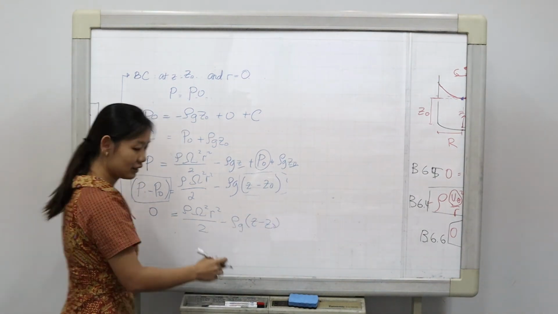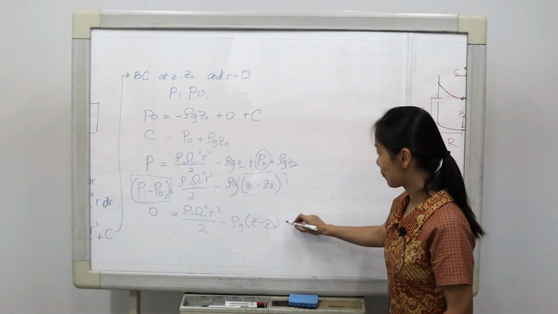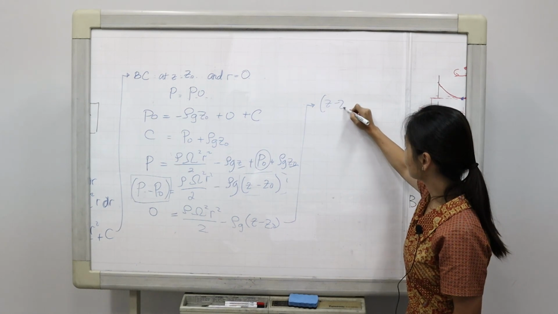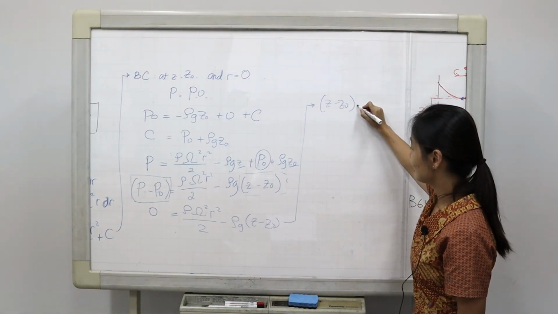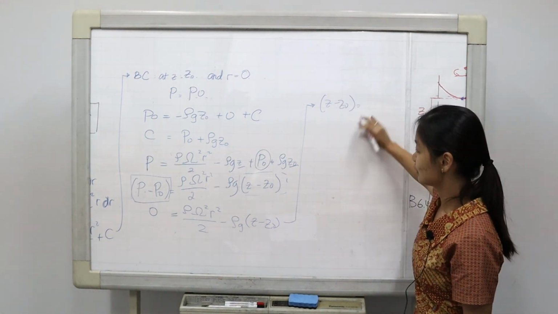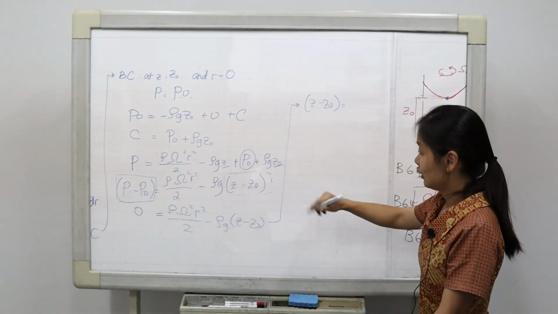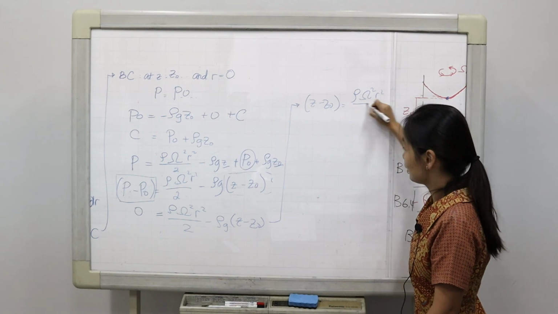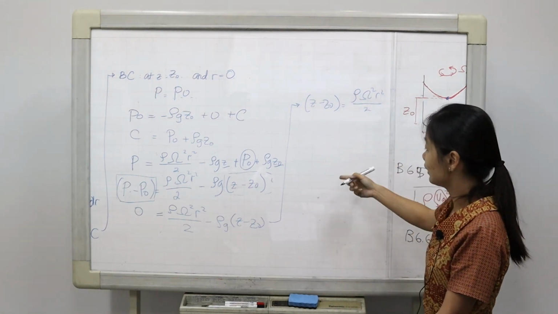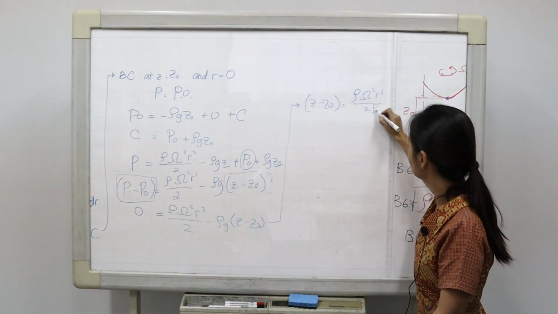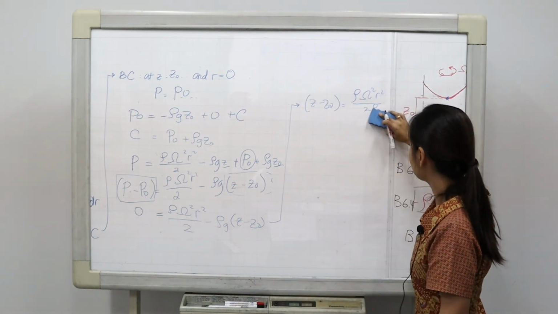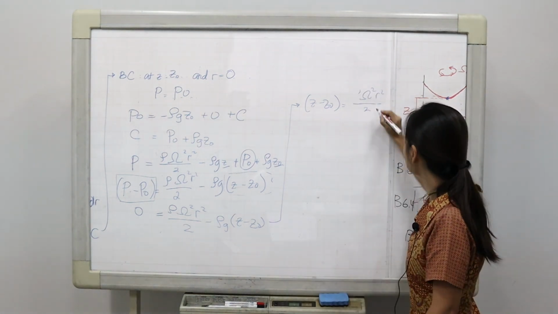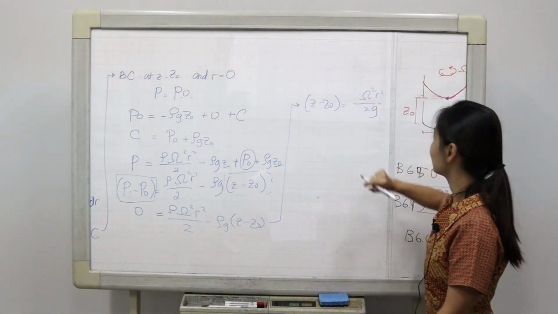Finally we get that z minus z0 equal to ρω²r² divided by 2, divided by ρg. Sorry, by ρg. So the ρ disappears, and what we have is only g here.